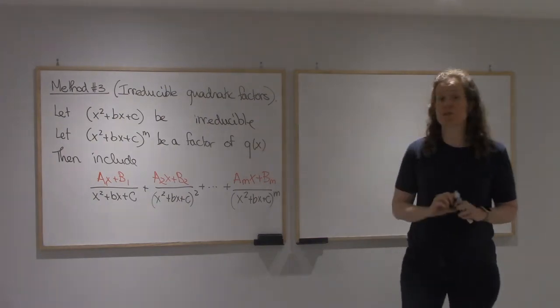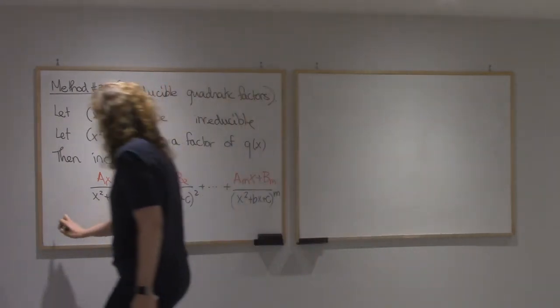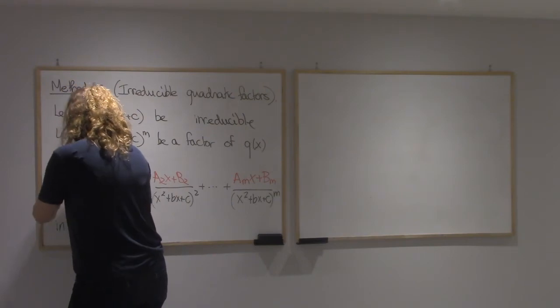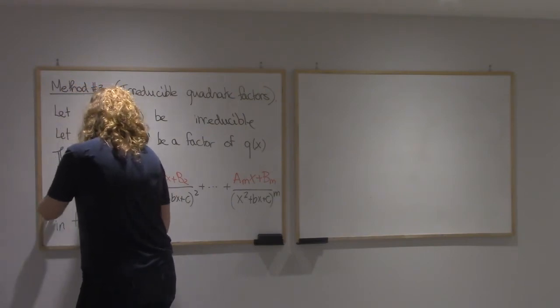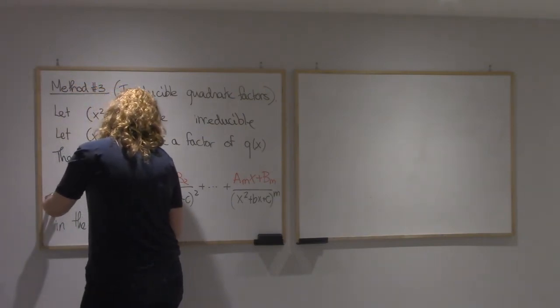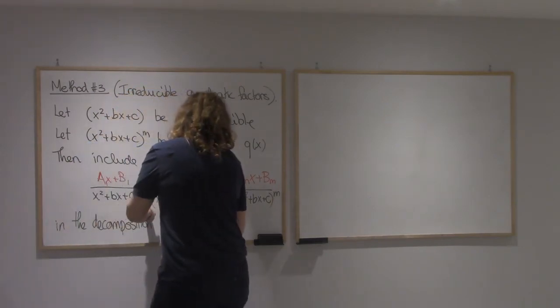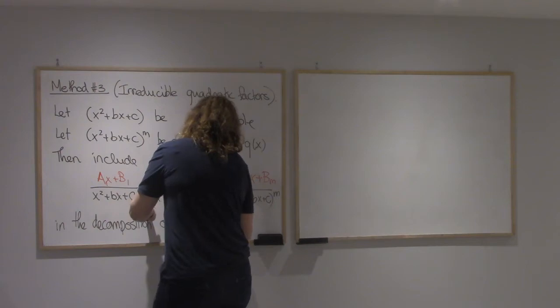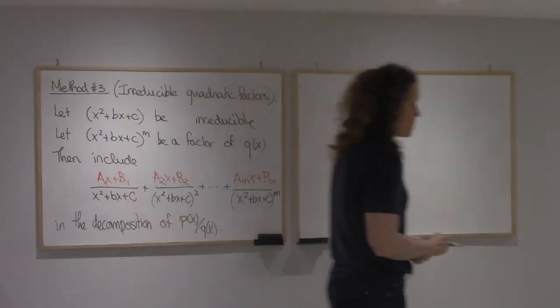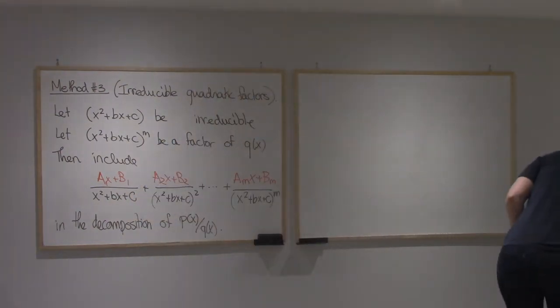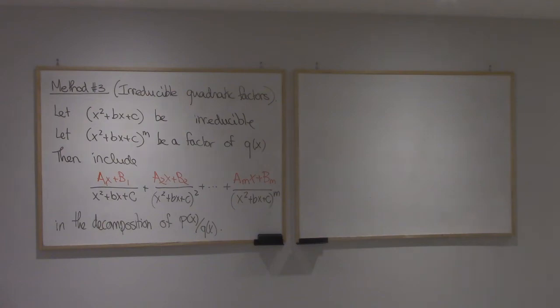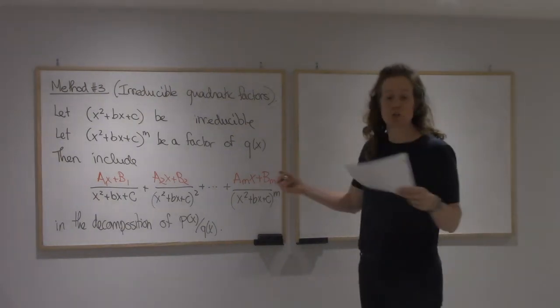This is what you should include in the decomposition of p of x over q of x. Let's try an example.